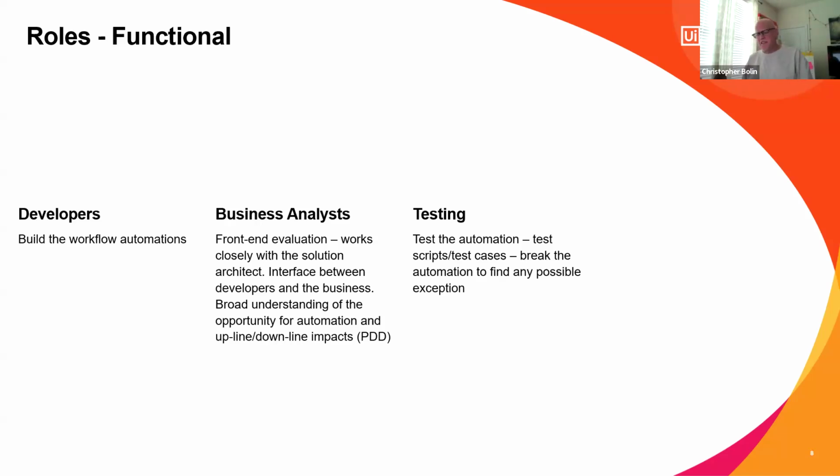A business analyst is kind of critical. These are the people that are going to interact directly with the business teams. They're going to build your process design documents. They're going to be involved in the life cycle of your automation during the technical solution part, working with the SMEs and the process owners, all the way to delivery.